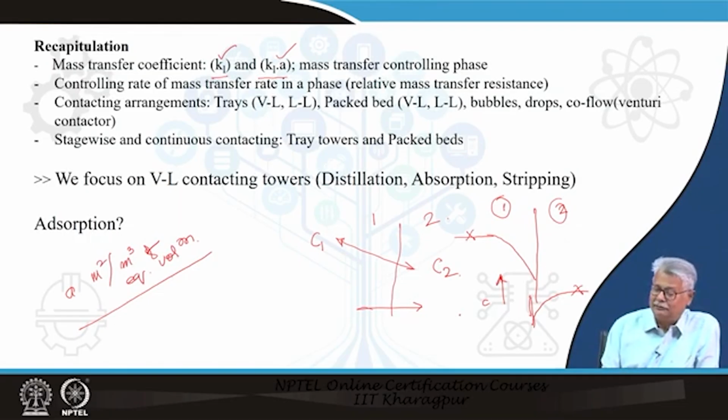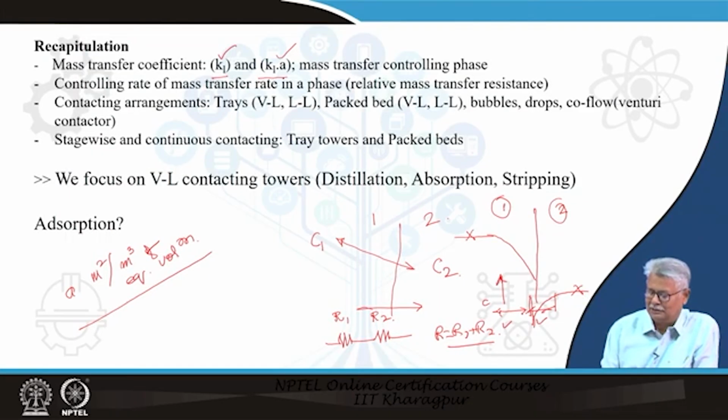Now, there is one thing very clear we have to make: the resistance to mass transfer lies in this boundary layer. Here, both the resistances are in series. If this is R1 and this is R2, the net effect is R1 plus R2. It is possible that one particular phase resistance is much smaller compared to the other one. What will happen?